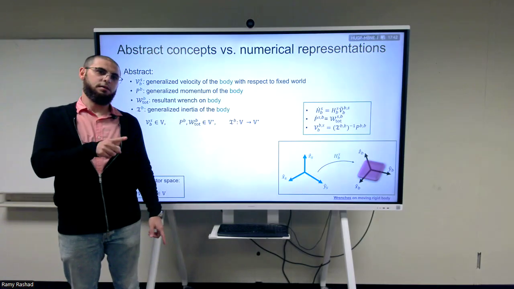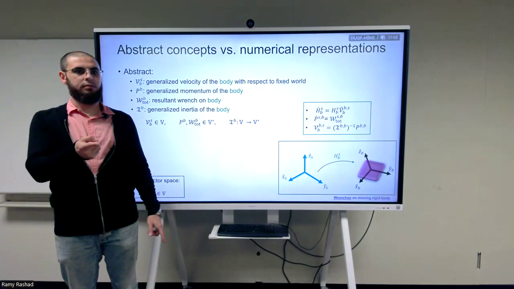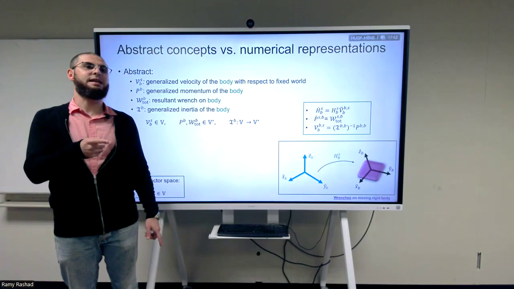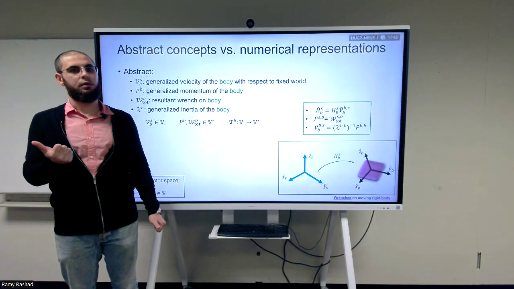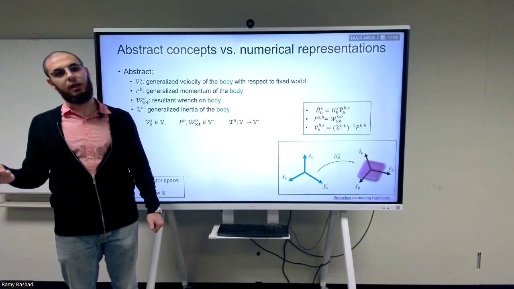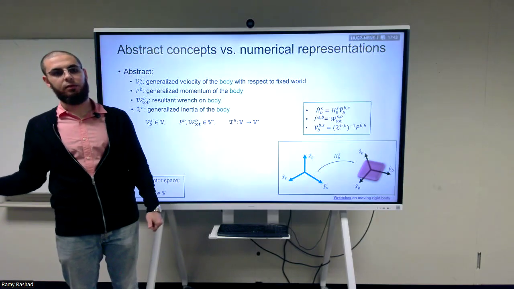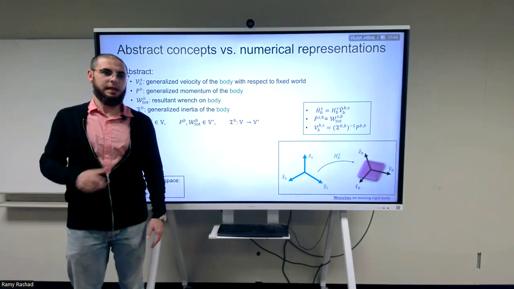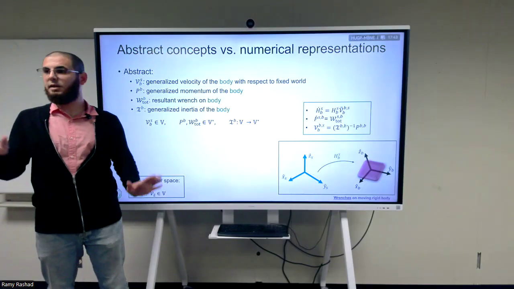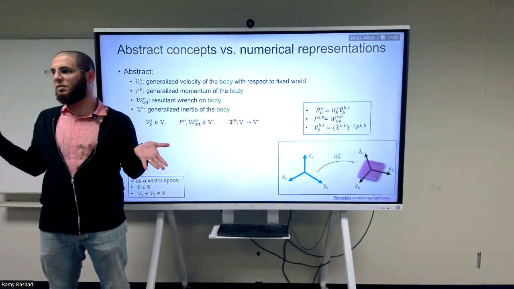The velocity of car A with respect to you is the velocity of car A with respect to car B plus the velocity of car B with respect to you. That's it. You see, that's exactly the summation here. And by the way, it makes sense. It's something physical.